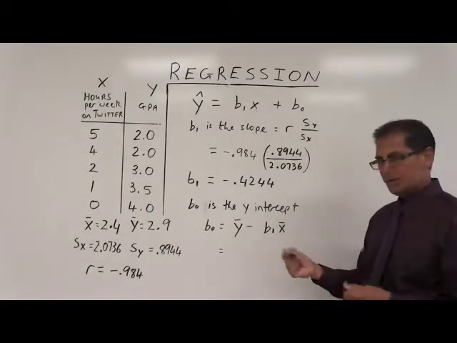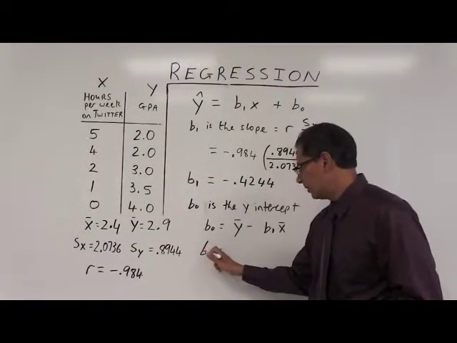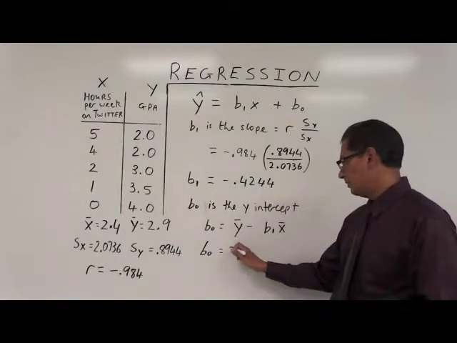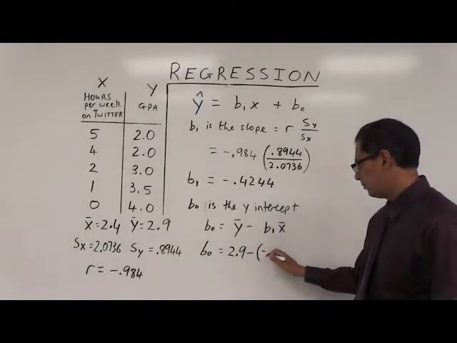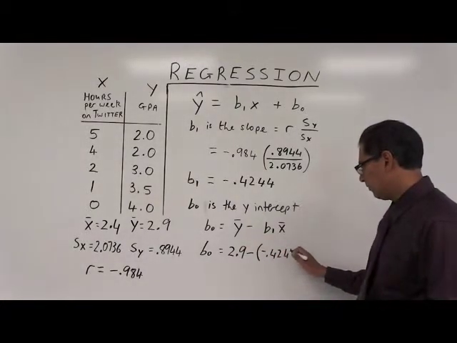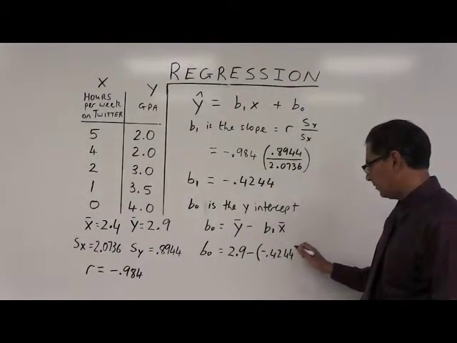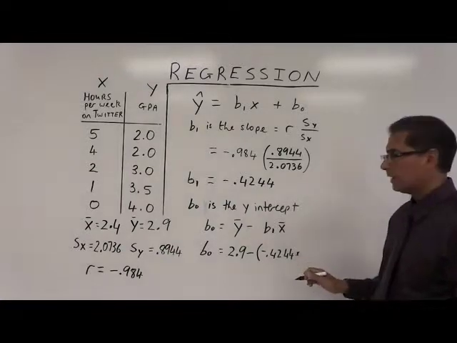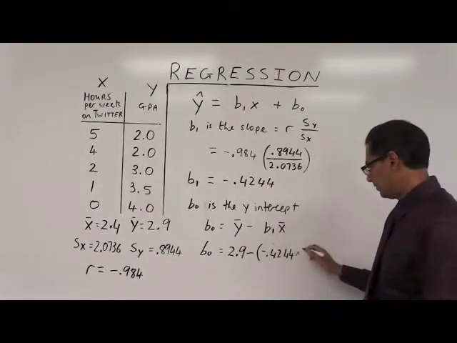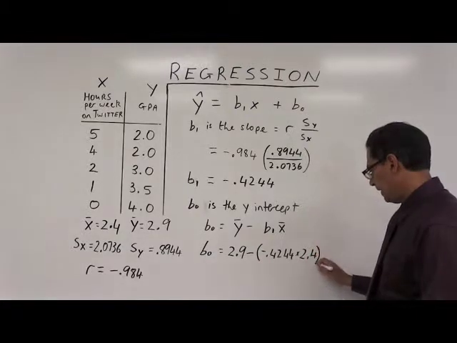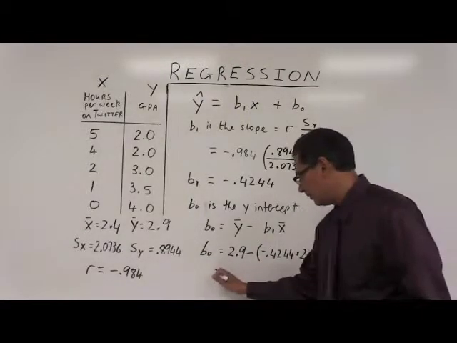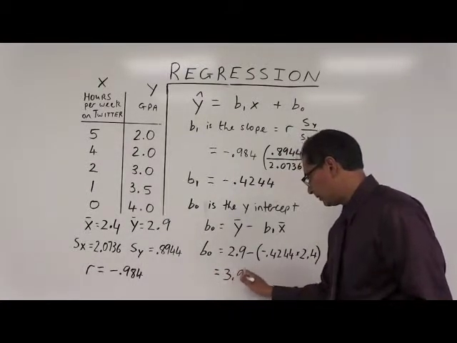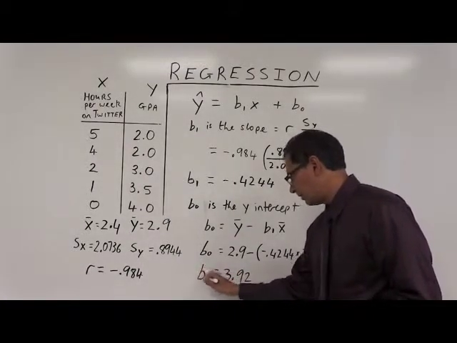So when we calculate b0, b0 is equal to the mean of y, 2.9, minus b1, negative 0.4244, times x bar, the mean of x, which is 2.4. You do that calculation, and you're going to have 2.9 plus something, and this ends up to be 3.92. So that is our y-intercept.